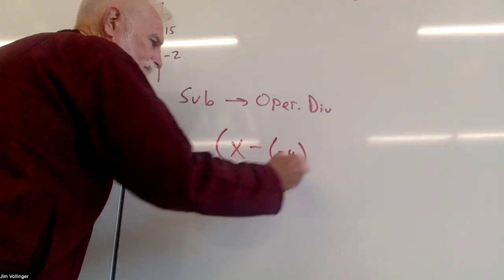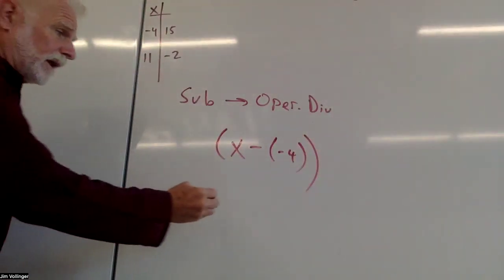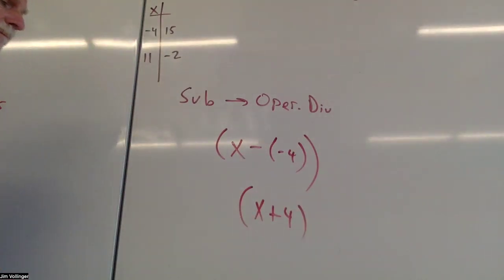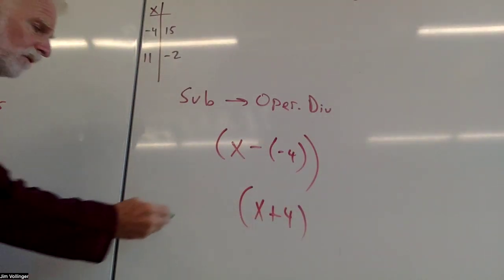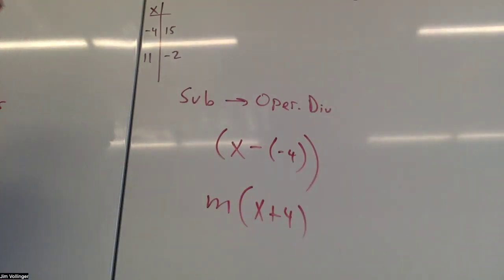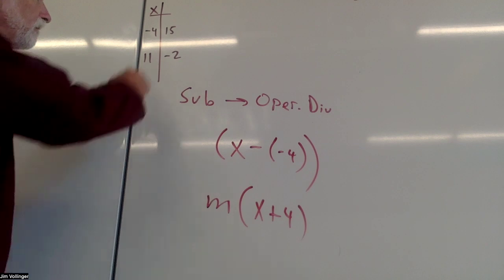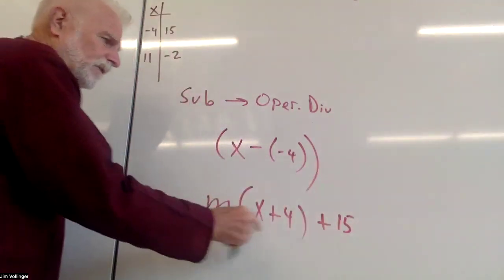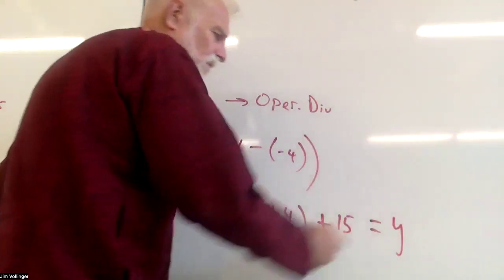It's -4. Well, that obviously becomes x plus 4. And when I put -4 in, -4 plus 4 is 0. And if I multiply 0 times something, I don't need a calculator. And what did I want to get for an answer? 15. I got a marker, very empowering. So I'm starting with x's and I'm getting y's, and textbooks don't put the y on the right.